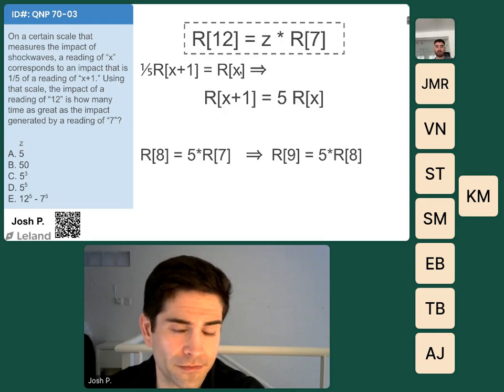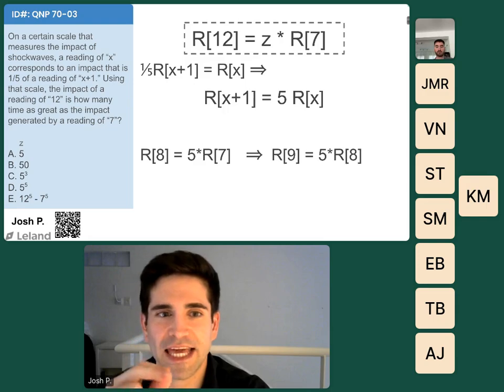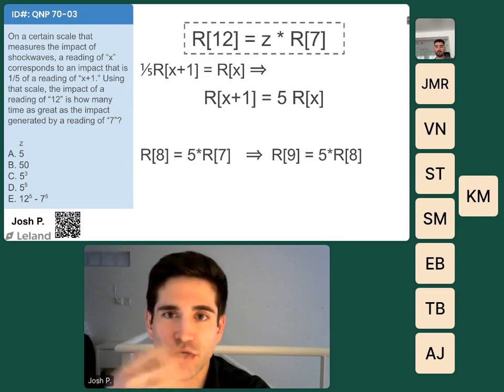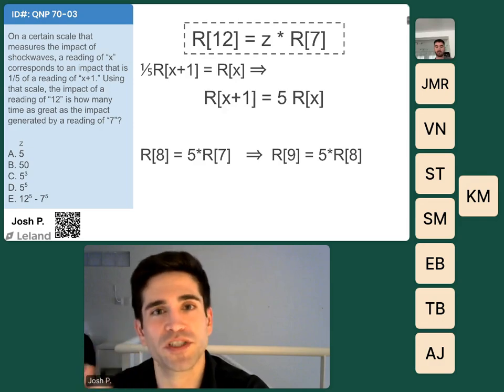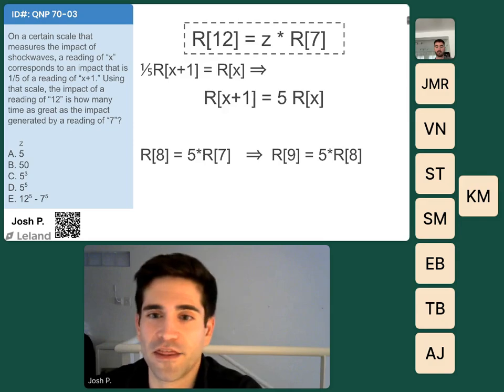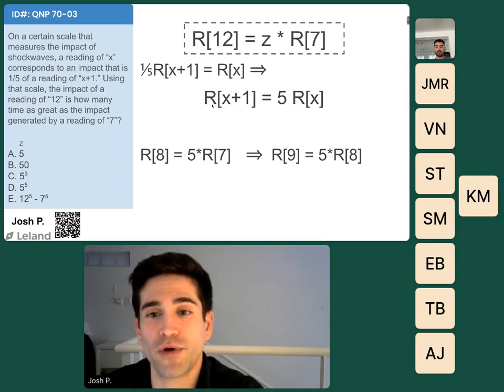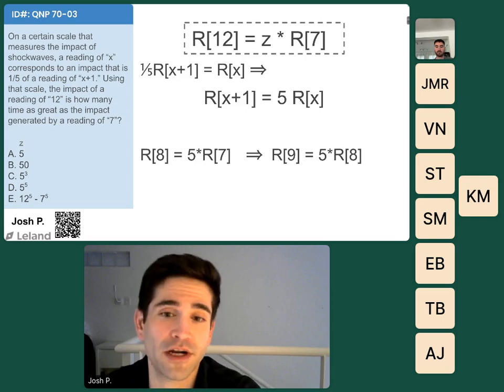So sometimes just translating that English into math and visualizing the question can help you approach this problem in a much more manageable way. And thus we know that a reading of x plus 1 is essentially 5 times greater than a reading of x.